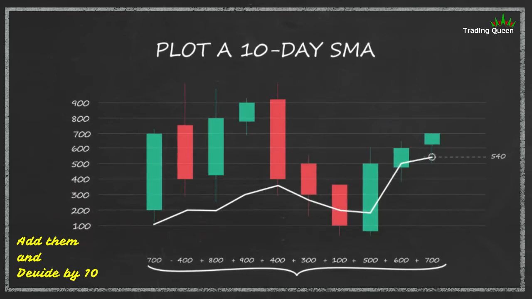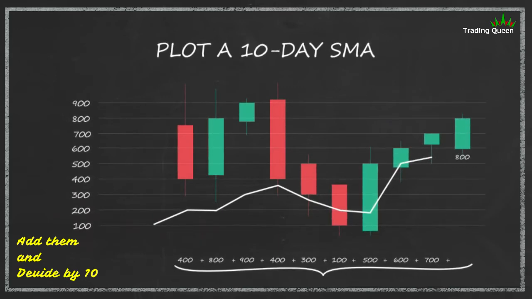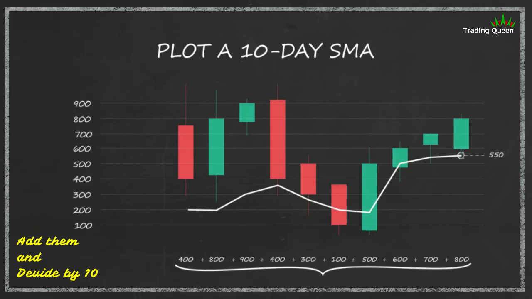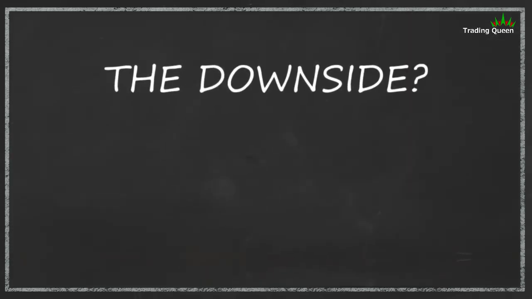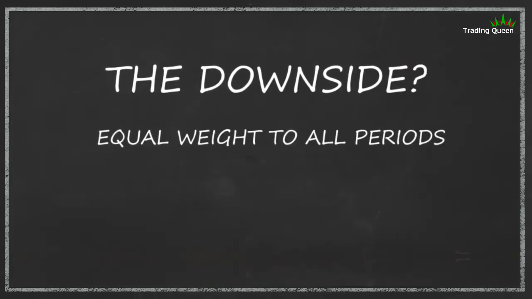In this way, the average is based only on the last X number of periods, in our example the last 10 days. Have in mind that the longer the simple moving average period, the more it lags, and the slower it is to react to the most recent price movement. And this brings us to its downside.